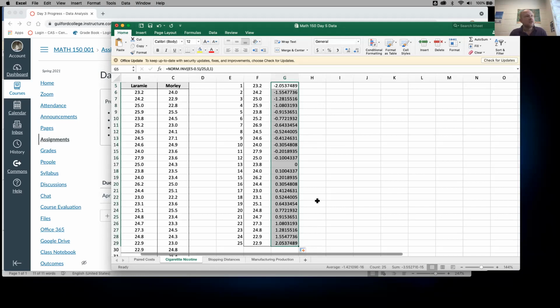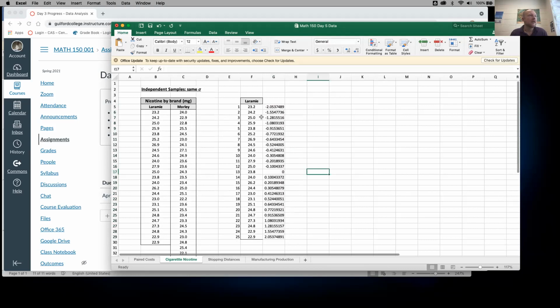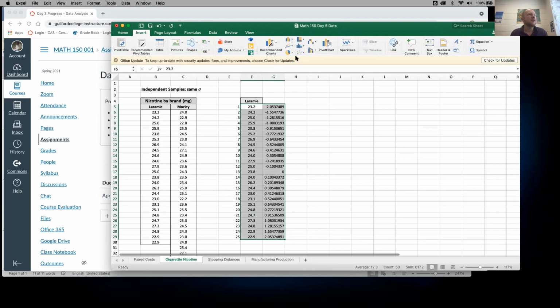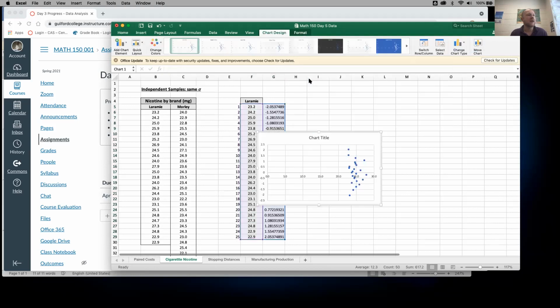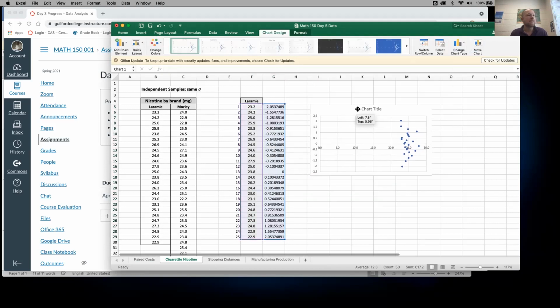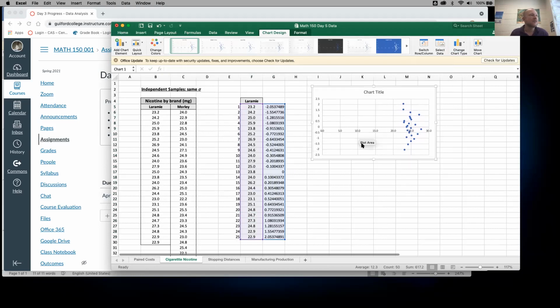All right, so then I copied those down across there, and I'm going to real quick just highlight the two things. I'm going to go to my insert menu, get it to do a scatter plot, and man, oh man, those do not look right. Oh, you know why? I messed up.